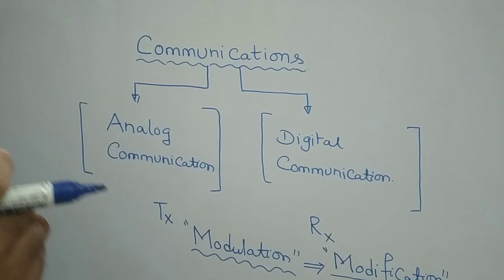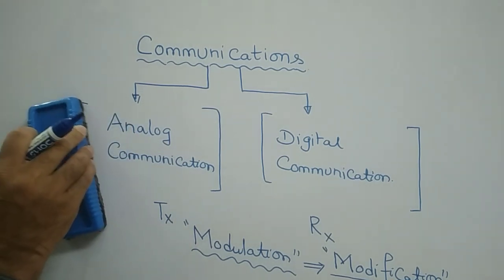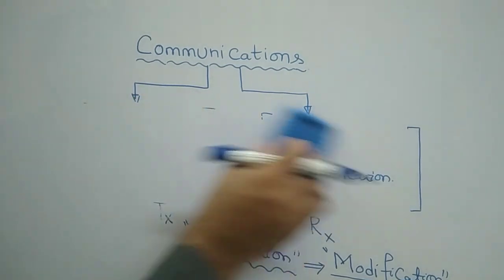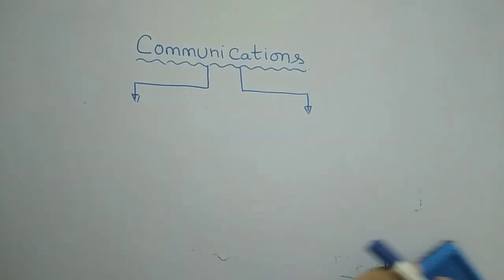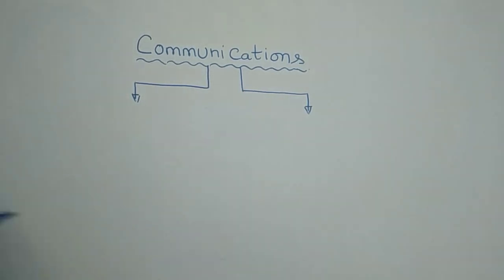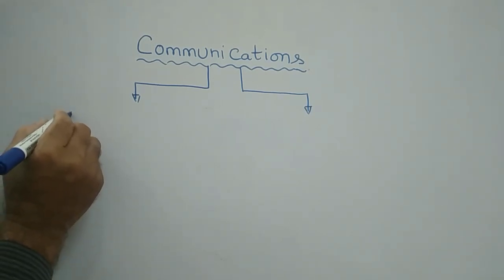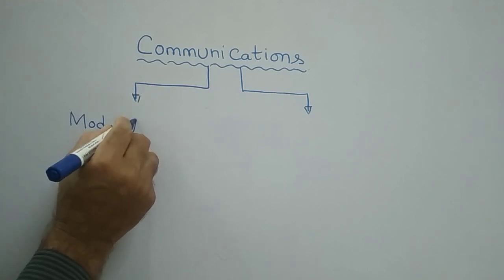In order to define modulation, we need two important signals. One is the modulating signal, or the message signal. Now I am writing the definition for modulation.